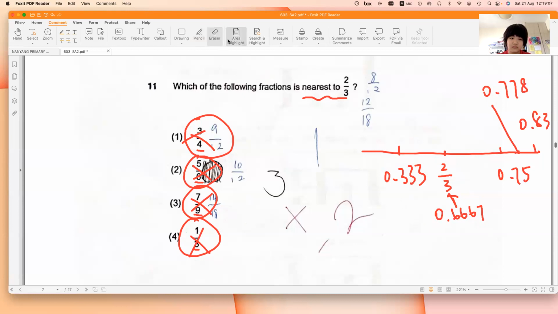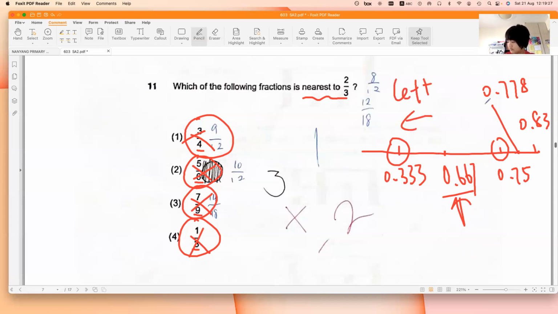Then you need to make your case: which one is nearest to 0.6667? I think you can see you have this and this. They are both next to 0.6667, right? One is on the left, one is on the right.